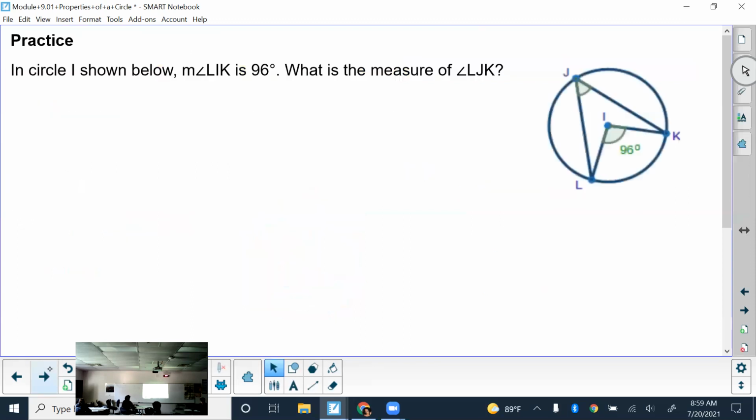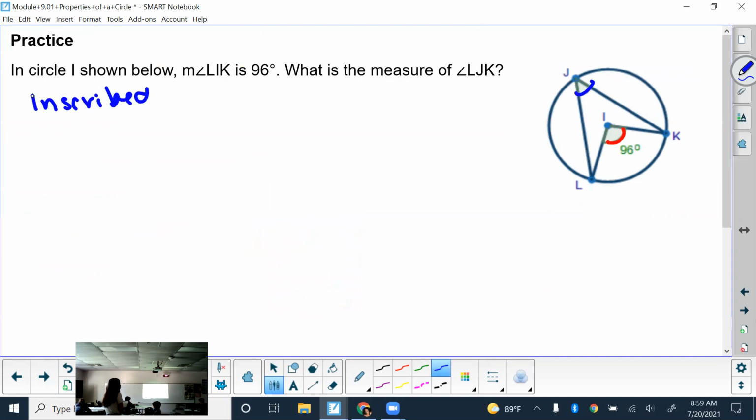All right, next one. So in circle I shown below, we have the measure of LIK. So this measure is 96 degrees. What's the measure of LJK? So LJK is an inscribed angle.